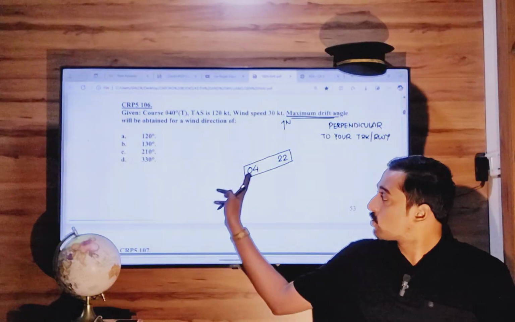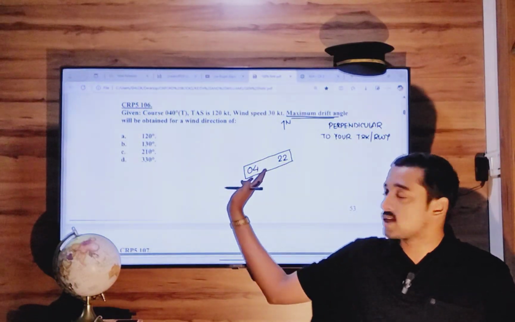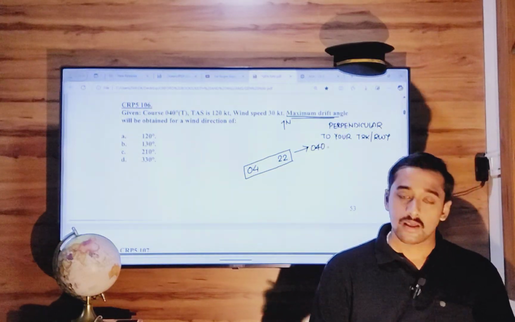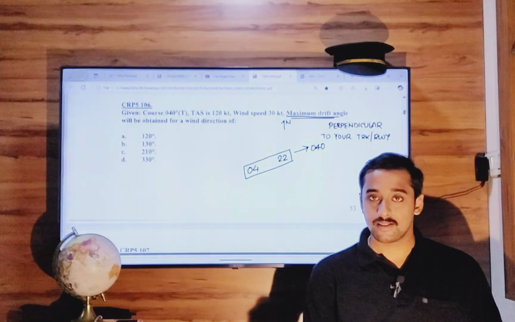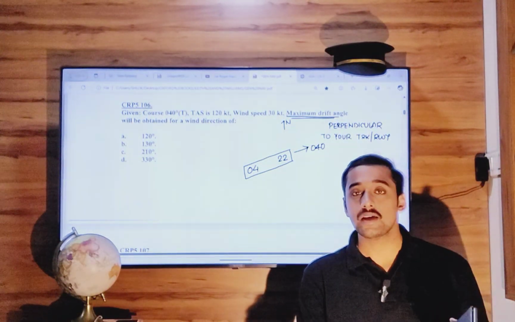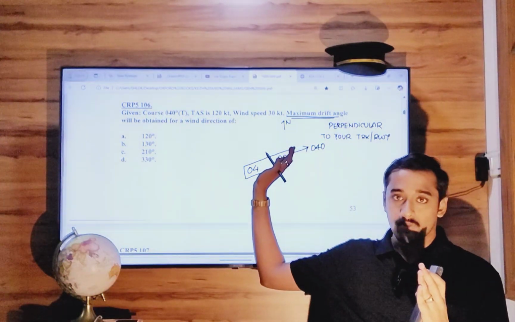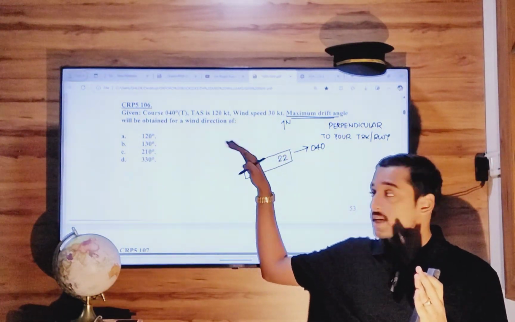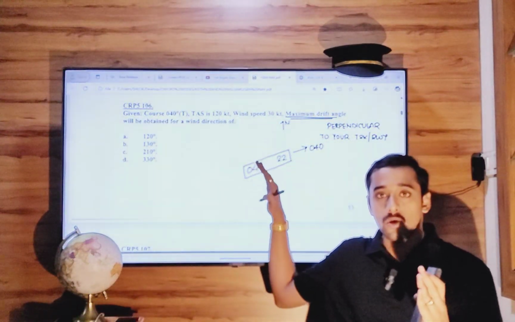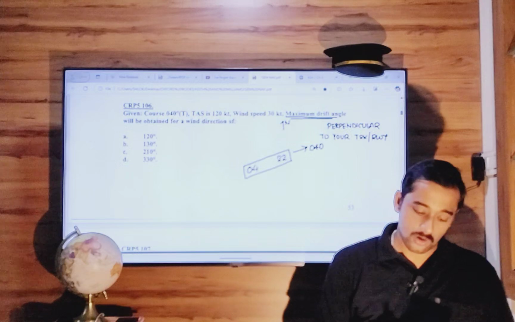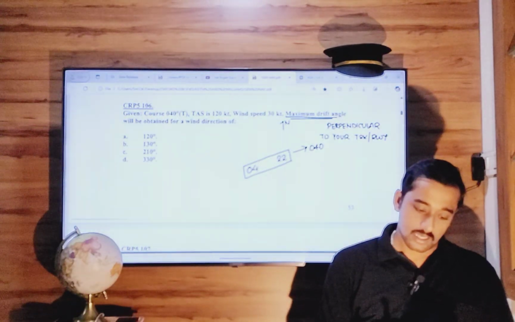Now with respect to course 040, the maximum drift angle will come from a wind which is blowing at 90 degrees to this course. So any wind inclined at 90 degrees to course 040 will produce a maximum drift. So 040 plus 90 is 130.